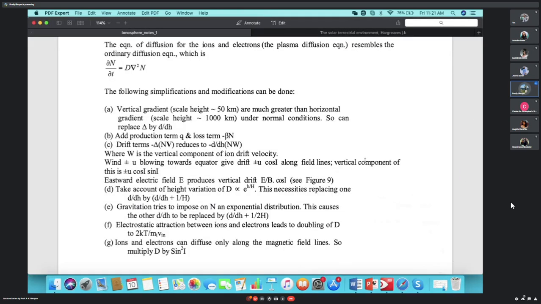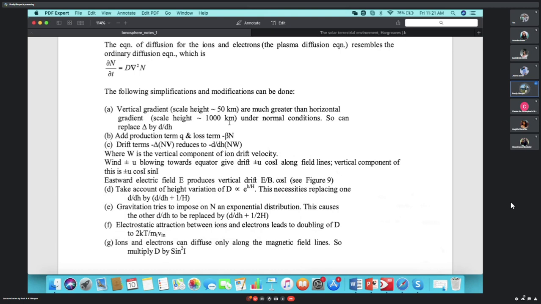We can simplify this by assuming certain things, like the vertical gradient, scale height approximately 50 kilometer, is much greater than the horizontal gradient.